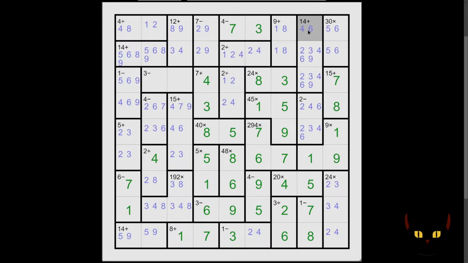What do things look like if that's 4, 6? Let's see, that leaves that as the only 5 in it. If this doesn't work, then that means the error was even farther back.